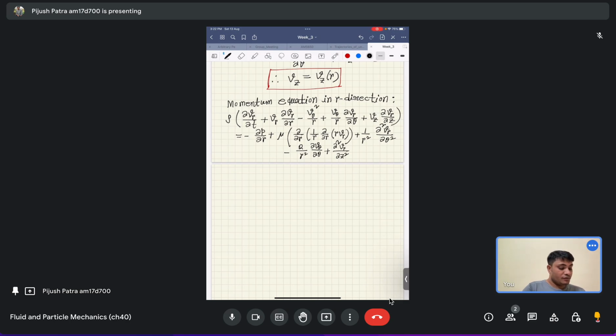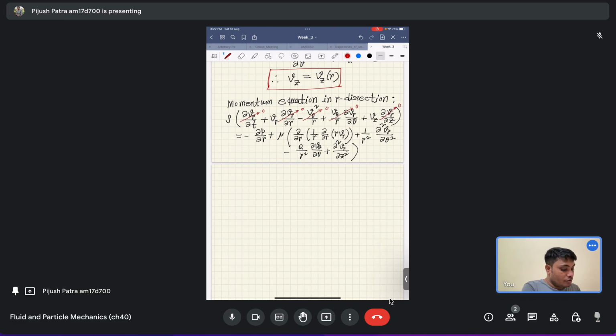Okay, so this is the equation in r direction. So what are 0 in this case? Because Vr is 0, that means this term is 0, this term is also 0, v theta is 0, this term is also 0, this term is also 0, and here v theta is 0, this term is also 0.